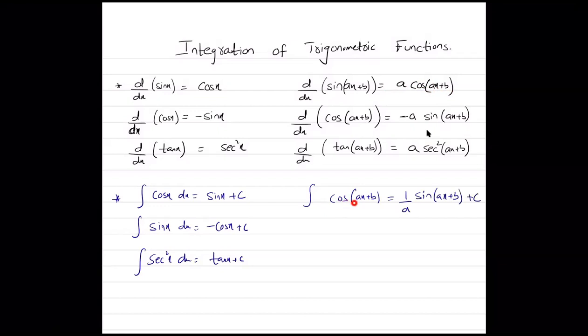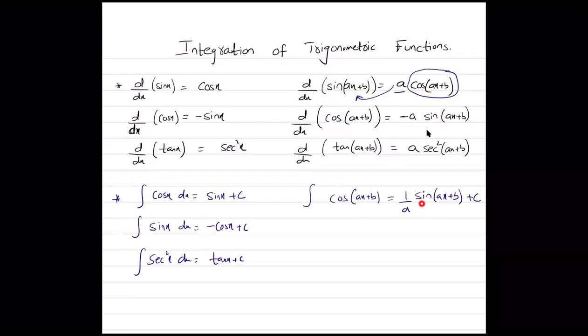Can you explain where the 1 upon a comes from? Yeah, sure. If I integrate, this a is going to go on the other side, and you're going to get 1 upon a sine ax plus b. So integration of cos ax plus b is going to give you 1 upon a sine ax plus b.